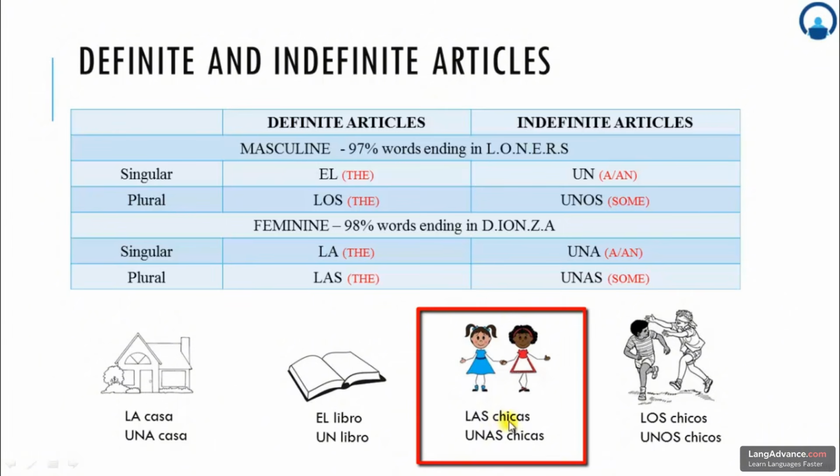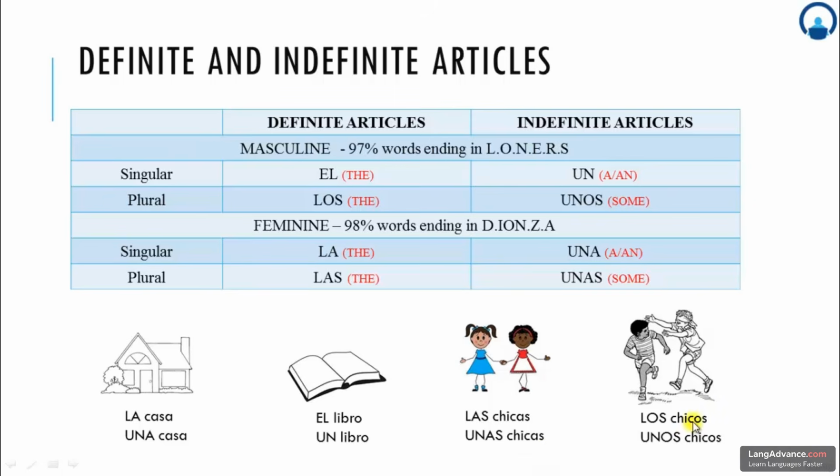Chica means girl and chicas means girls. So it is plural and feminine. So we'll use definite and indefinite articles for plural and feminine. That is las chicas means the girls and unas chicas means some girls.